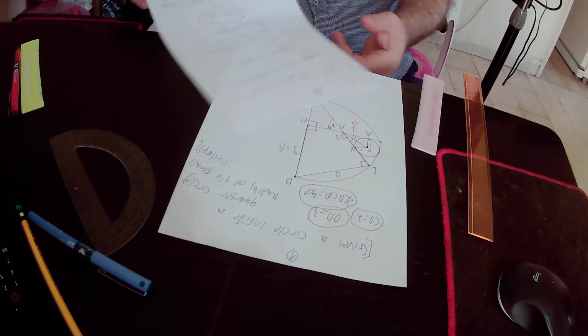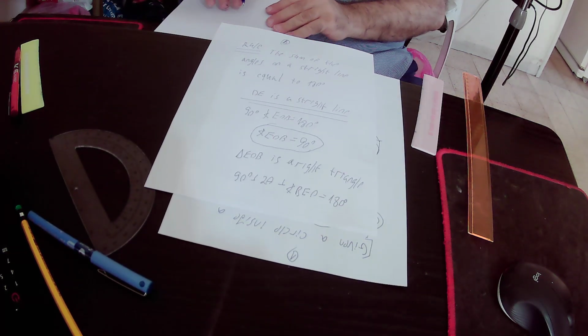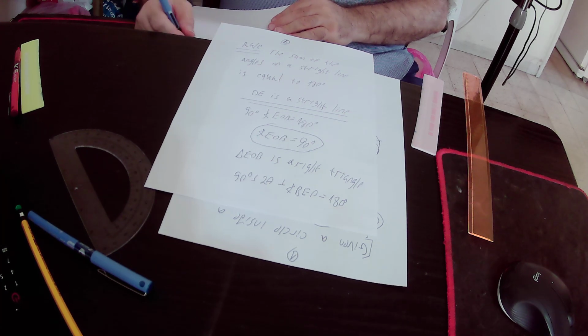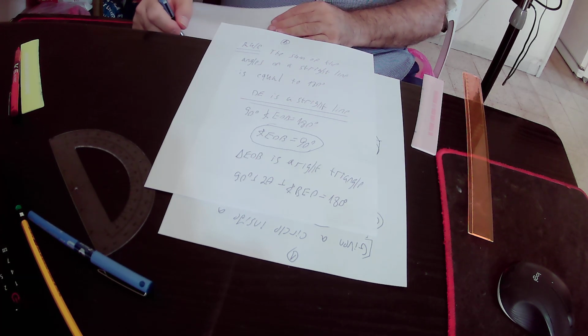So from this equality we will subtract 90 degrees. We will get that 2 theta plus angle BEO equals 180 degrees minus 90 degrees is 90 degrees.